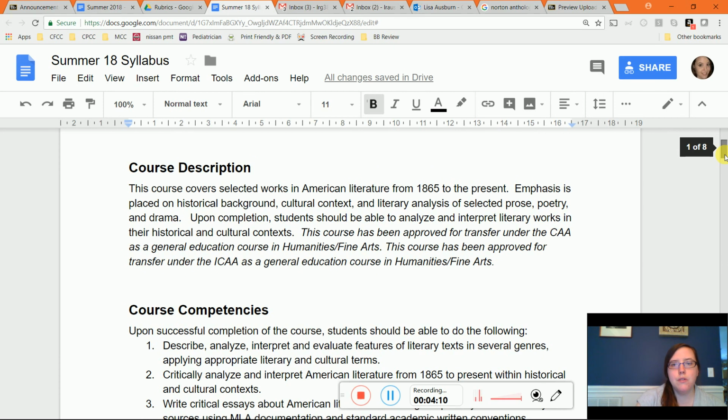So the course description is essentially what you see here. We're talking about American Lit, 1865 to the present. So that is post-Civil War literature. There will be some themes of post-slavery. There will certainly be themes of feminism, of women trying to get their rights, like the right to vote, things like that.